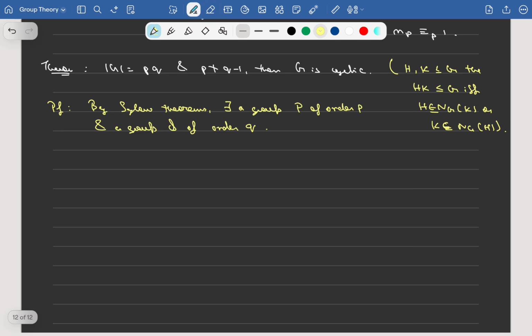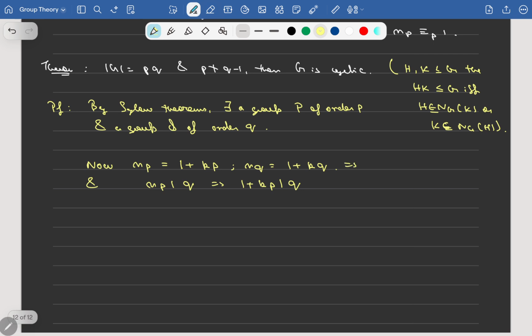Firstly, observe that Q does not divide P minus 1, and P does not divide Q minus 1. Now, what is the number of Sylow P-subgroups? It should be of the form 1 plus K times P. And what is the number of Sylow Q-subgroups? It should be 1 plus K times Q. And we know that N_P must divide Q. That means 1 plus K times P must divide Q, right?